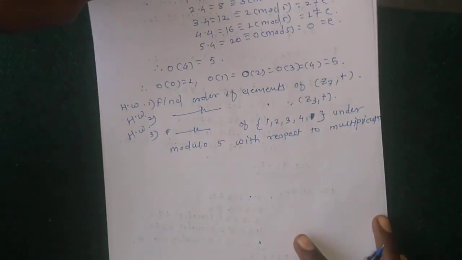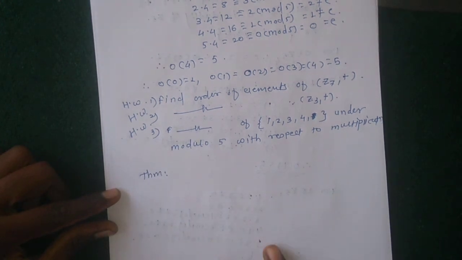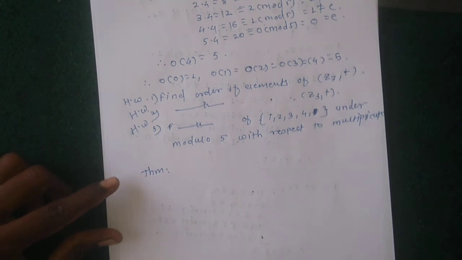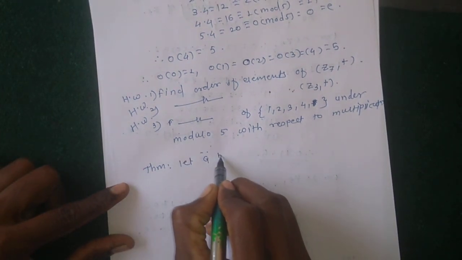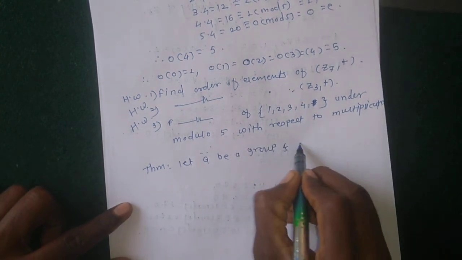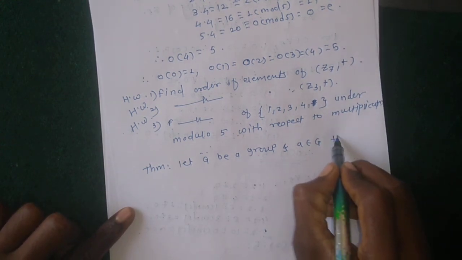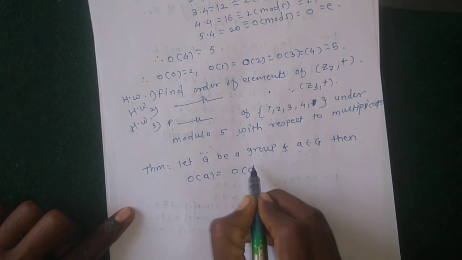So, theorem: let G be a group and A belongs to G, then order of A equals order of A inverse.